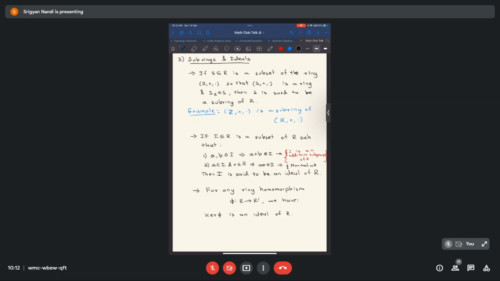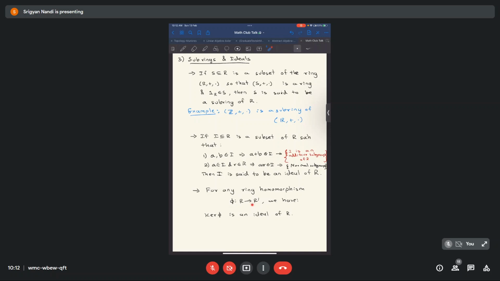They play a similar part to what normal subgroups play in groups. So if I is such a subset that is closed under addition and also has the property that for any A belonging to I and any R belonging to R, AR belongs to I, then I is said to be an ideal of R.